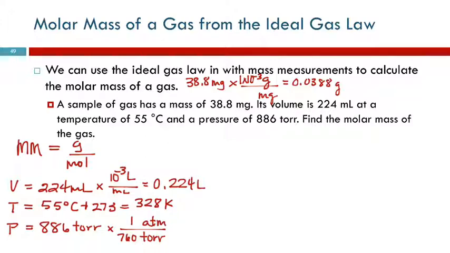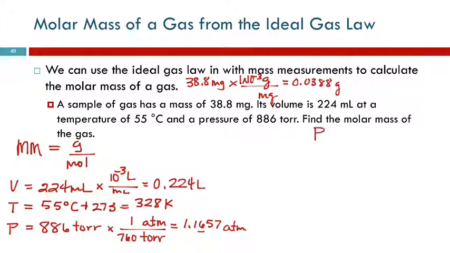So 886 divided by 760. 1.16. That pressure had 3 significant figures. And so when I divide, I still need to have 3 significant figures, but I'm going to carry 2 extra digits to avoid rounding errors. So I've got liters, kelvins, and atmospheres. And so now I can use my ideal gas law.